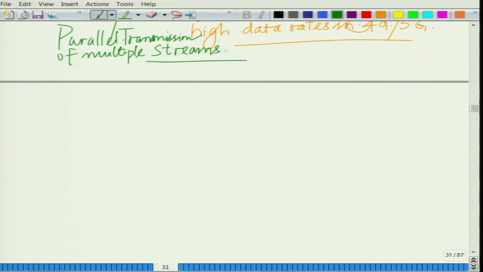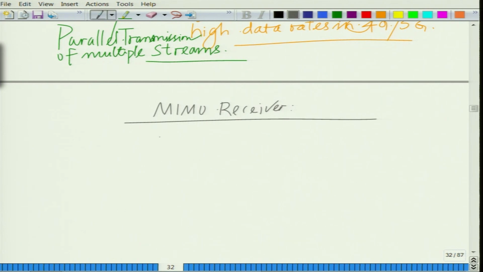And now, let us look at how to design the receiver for a MIMO system. How do you design the receiver? Very simple. Let us look at a MIMO receiver. So, now remember we have this multiple antenna system.